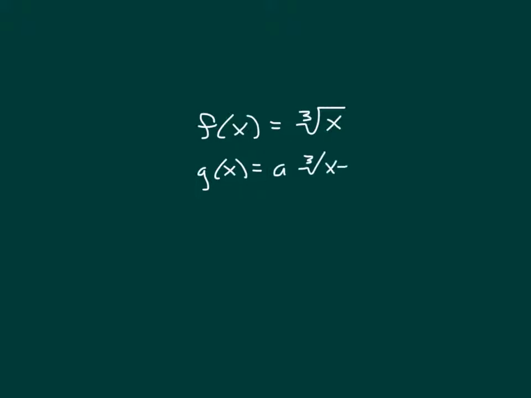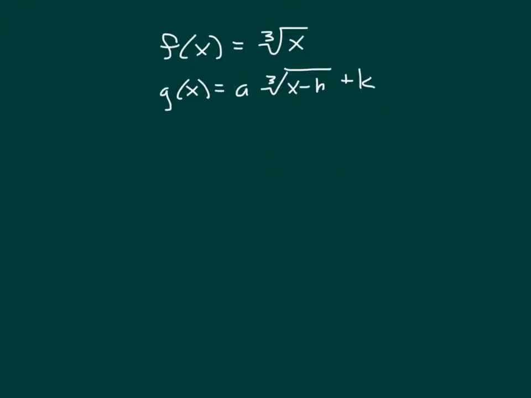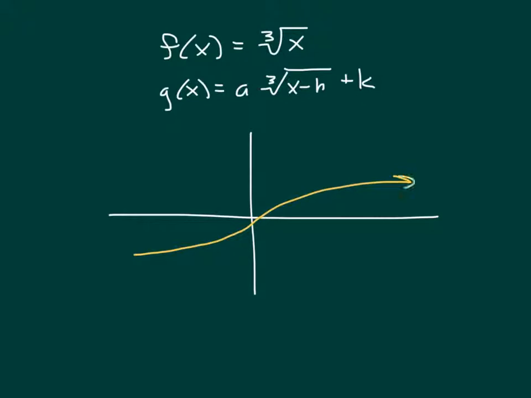The next thing we're going to talk about is the family of functions that has the parent function cubed root of x, which we saw kind of in that word problem we did. The family is going to have the same exact look as the square root family, just with cube roots. So if we go to graph this, the cube root is supposed to go right through the origin.